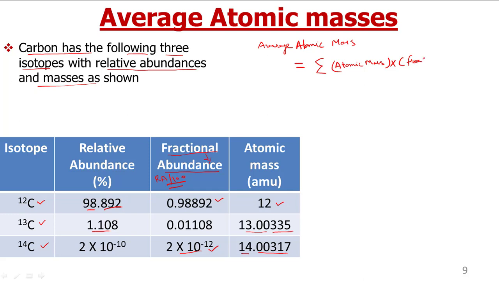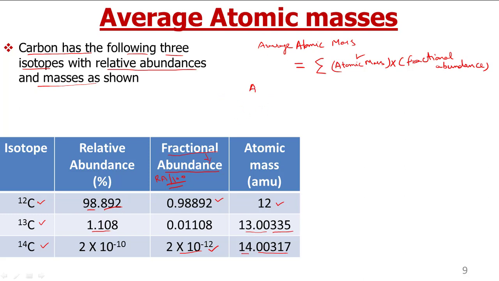So this is the formula. The summation depends upon the number of isotopes. Now for this we have 3 isotopes, so we will apply this formula to carbon.